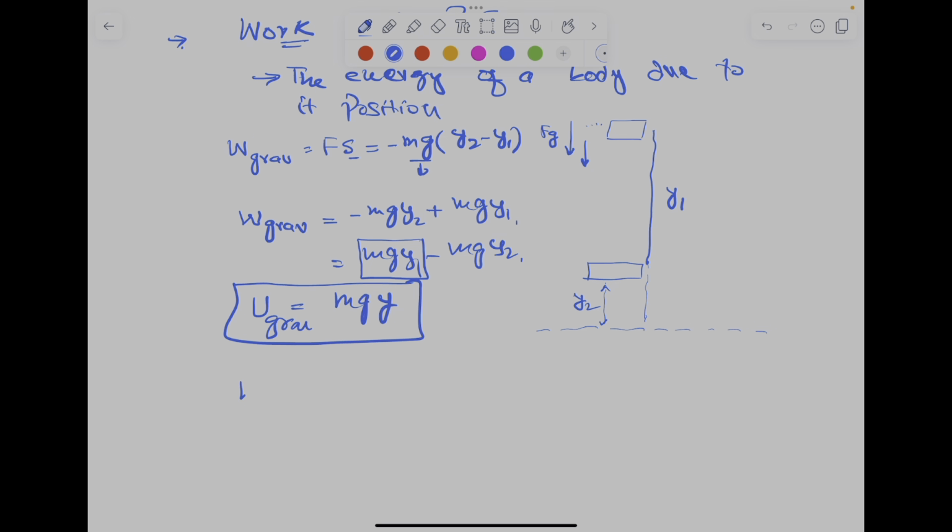So your work done by the gravity is nothing but minus the change in potential energy due to gravity. And what is the potential energy due to gravity? It is nothing but mgy2 minus mgy1.